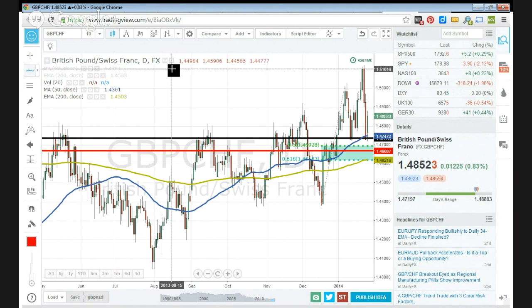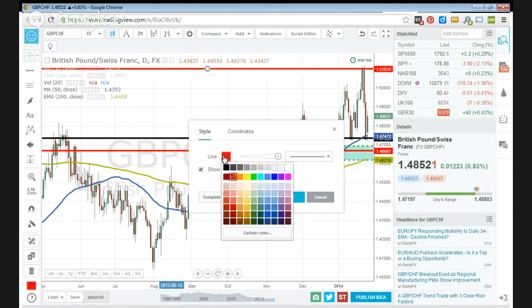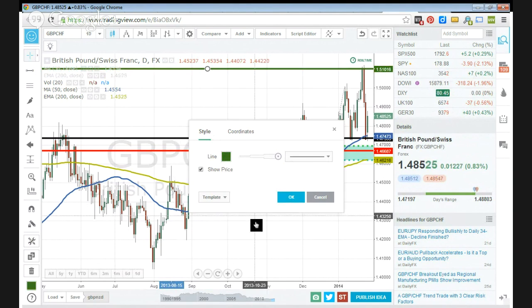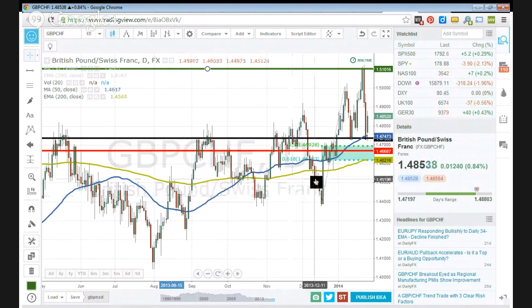We'll go all the way up to here. Make that green. Okay, so here's our trade. Enter at 47.47, stop at 46.68, target 51.01 on pound Swiss. I'll be entering this trade. Okay, long pound Swiss.